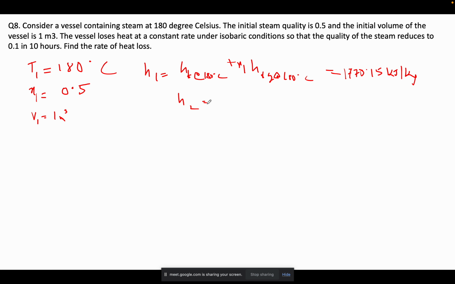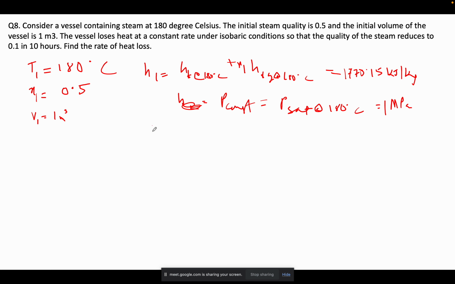Okay, similarly h2, how can we calculate h2? Because it is telling us that the steam will remain at constant pressure condition. Now what will be the constant pressure? The pressure will be basically P saturation at 180 degrees Celsius, and that is equal to 1 megapascal.